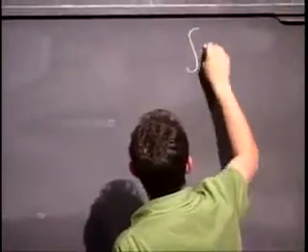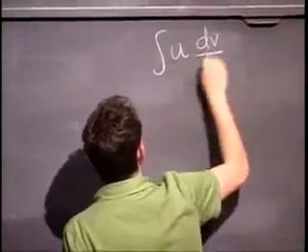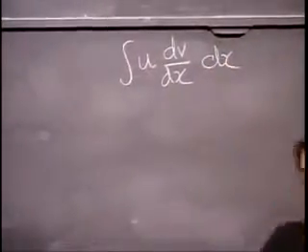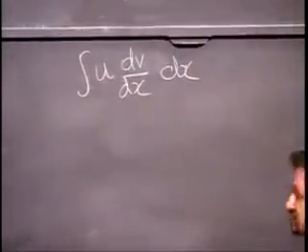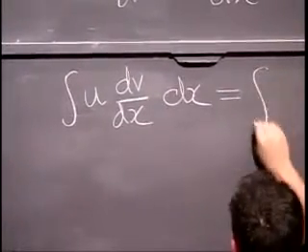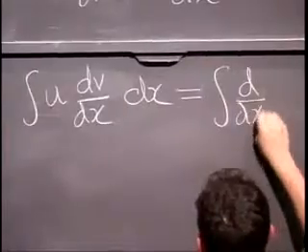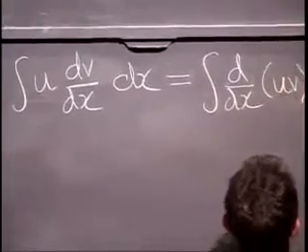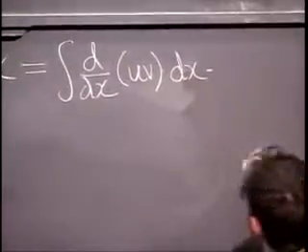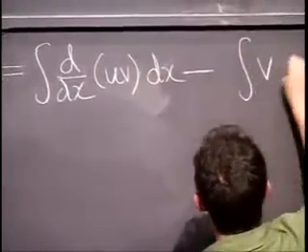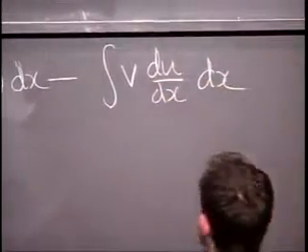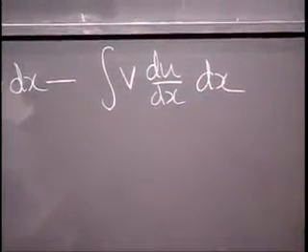If we do, we get the integral of u dv dx. This is a function u. This is another function dv dx. So we're integrating that product with respect to x. And we get the integral of the derivative of uv, minus the integral of this other mess, v du dx dx.